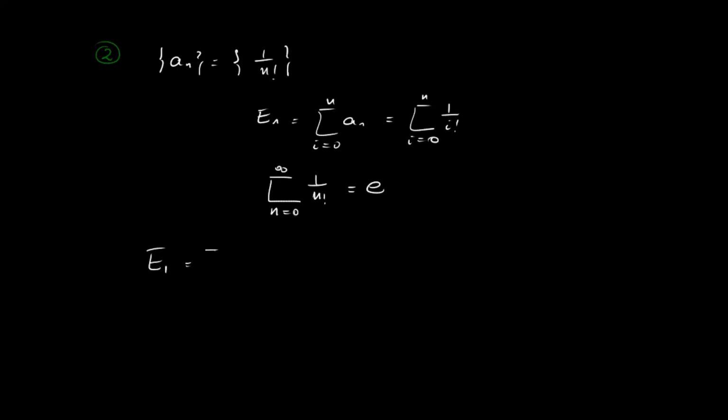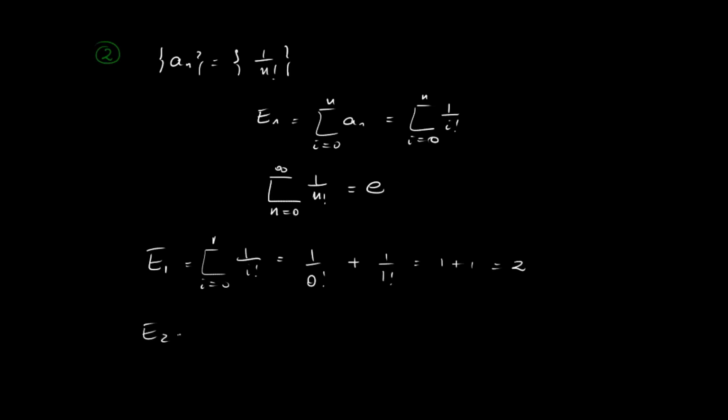equals the sum from i equals 0 to 1 of 1 over i factorial. This is, when i equals 0, we have 1 over 0 factorial, plus when i equals 1, 1 over 1 factorial. 0 factorial is 1, so we get 1 plus 1, which equals 2.